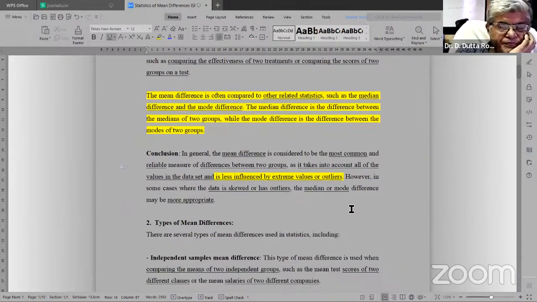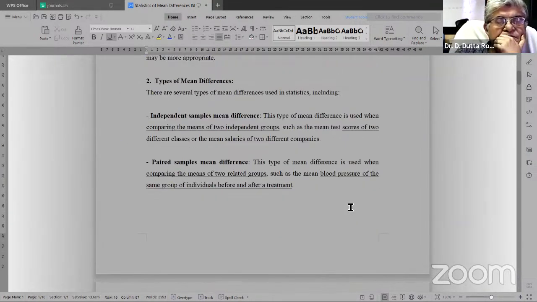Okay, go below. One sec. What do you mean by the independent group?